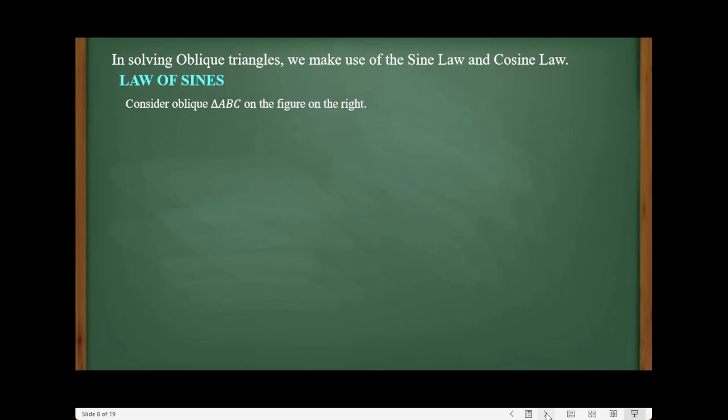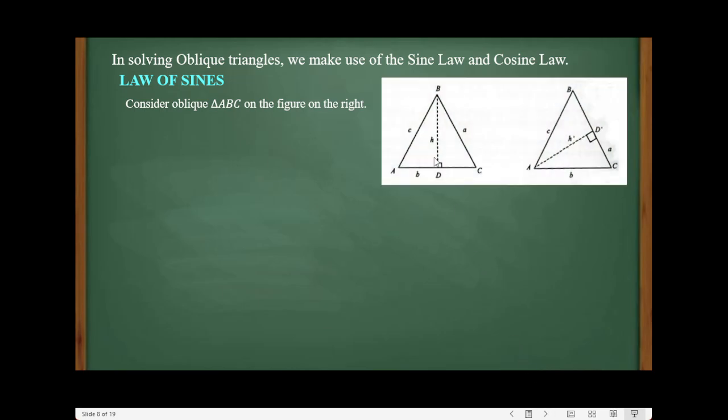Now, for the law of sines, let us consider an oblique triangle ABC in the figure on the right. Although we have two drawings here, these two refer to the same figure, triangle ABC.